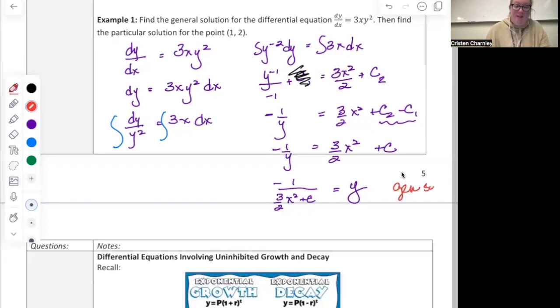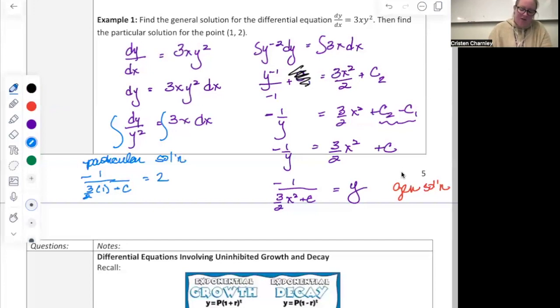If we want the particular solution, we need to solve for c. So I'm going to come over here on the left and do that. So I am going to have negative 1 over 3 over 2. I know the x value I have is 1 plus c, and the y value I have is 2.